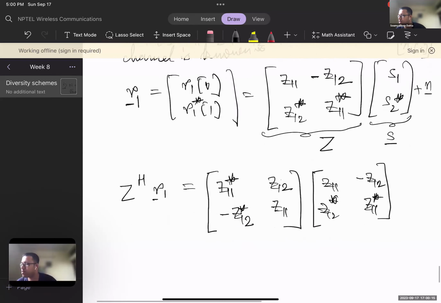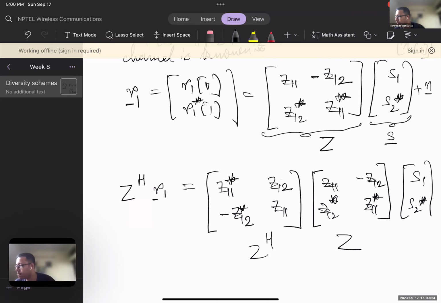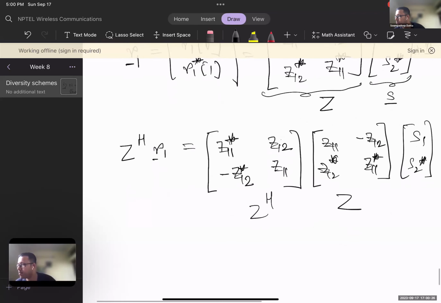So essentially you are doing Z Hermitian times Z times S, which is S1, S2 star, plus Z Hermitian N. I'm ignoring this noise term for now. Let's focus on this part.